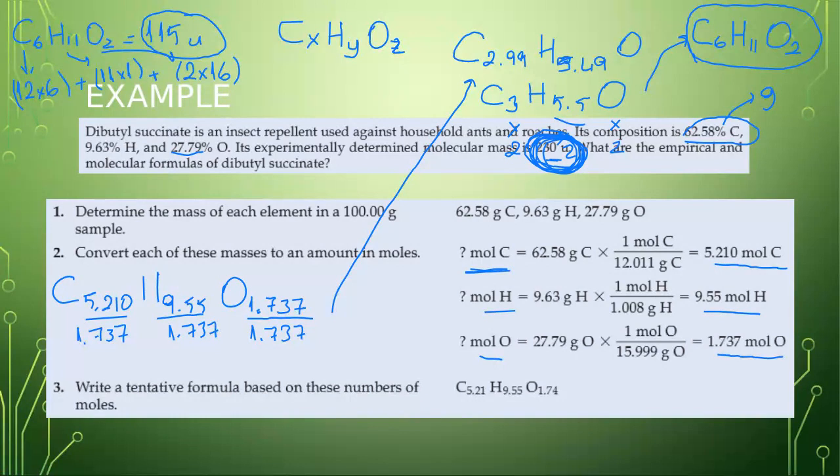And what will our formula be? Carbon is X, hydrogen is Y, and oxygen is Z. What will be these subscripts for the real molecular formula? Because they found 230 grams per mole molecular mass, but we have the empirical formula, and the empirical formula mass is 115 U.